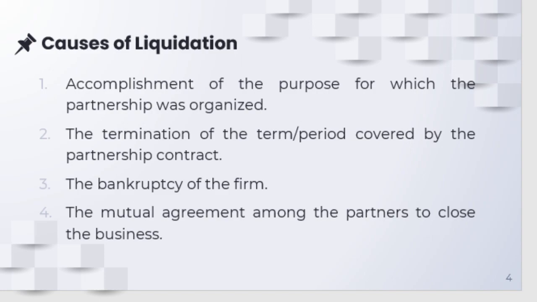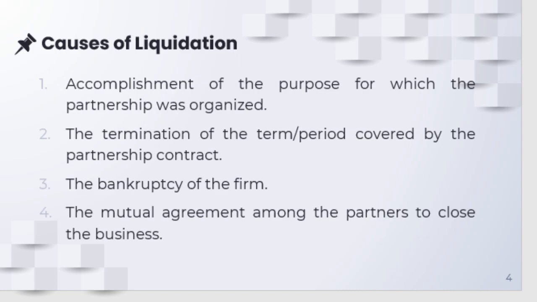Number 3 is bankruptcy of the firm. So, of course, kapag na-bankrupt na yung business, that will really lead to liquidation. Next, number 4, the mutual agreement among the partners to close the business.